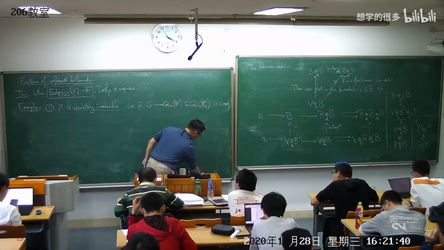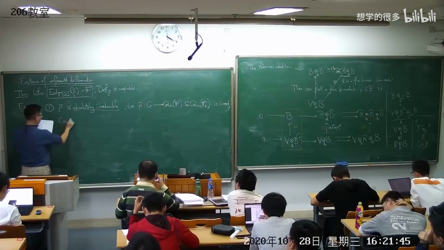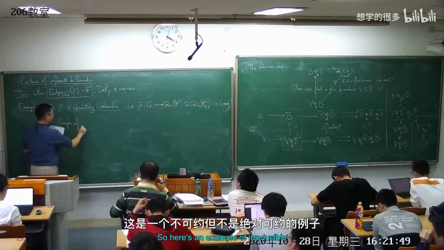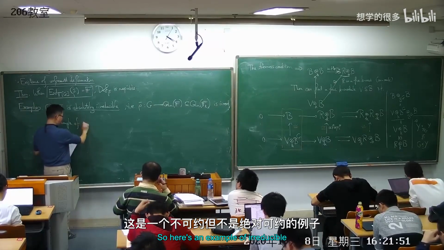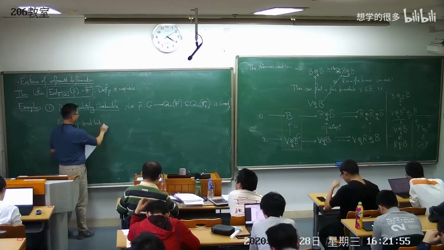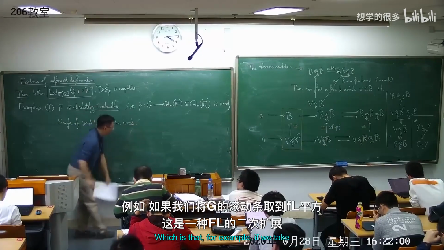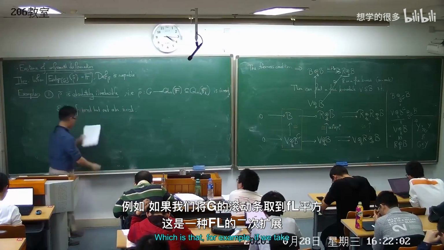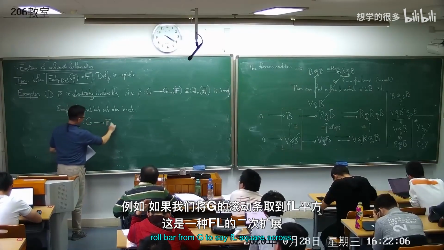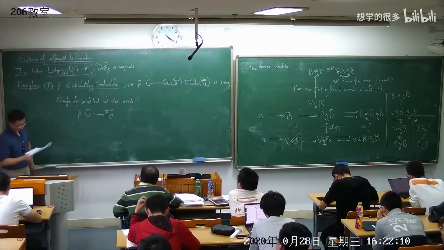So here's a counterexample, an example of irreducible but not absolutely irreducible. For example, take rho bar from G to F_l squared cross, a quadratic extension of F_l.